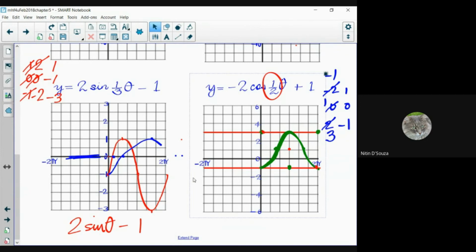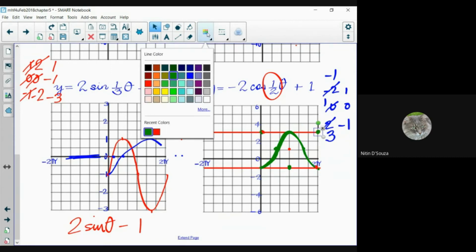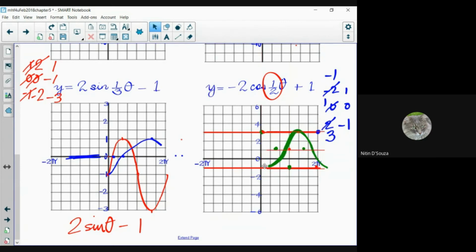My max happens at 3. 3 times 2 is 6. And so when you draw that, basically, the first half of cosine flipped over.